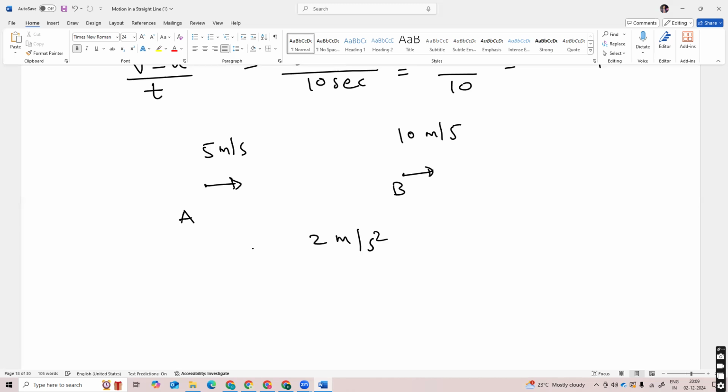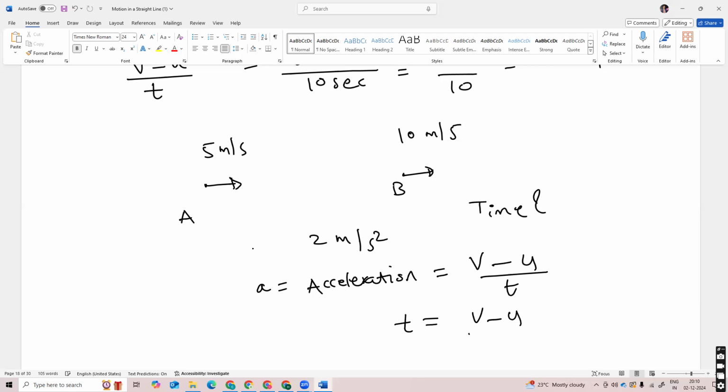Find out the time taken by this vehicle to reach from point A to point B. You know that acceleration is change in velocity upon time, so final velocity minus initial velocity upon time. Let's write acceleration as a. So time can be given as v minus u upon a. Here v is 10 minus u as 5, divided by acceleration a as 2.